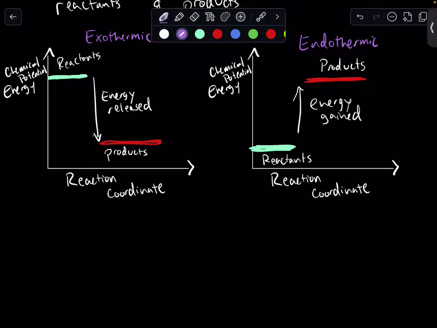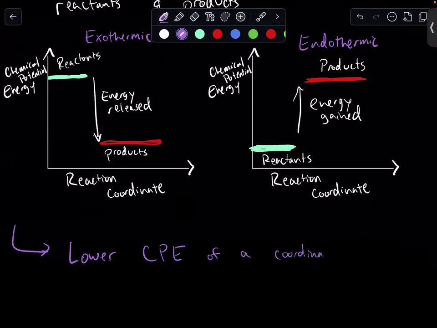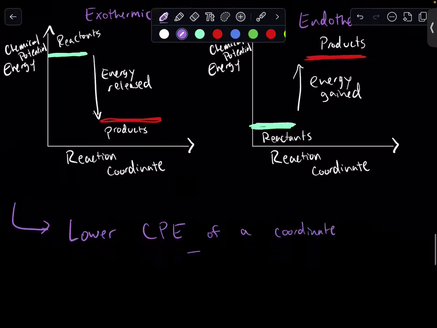The final aspect here is just a notice about stability. The lower the chemical potential energy of a coordinate is, so like our reactant or our product, that equals a greater stability. You can think about it like electrons in energy levels.